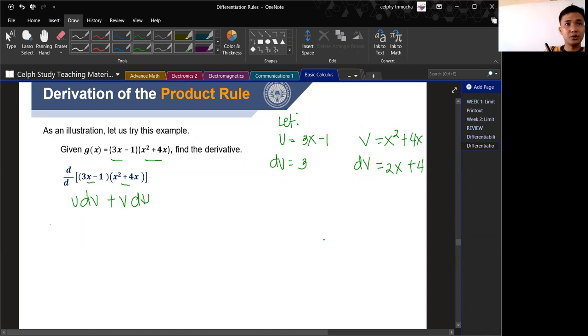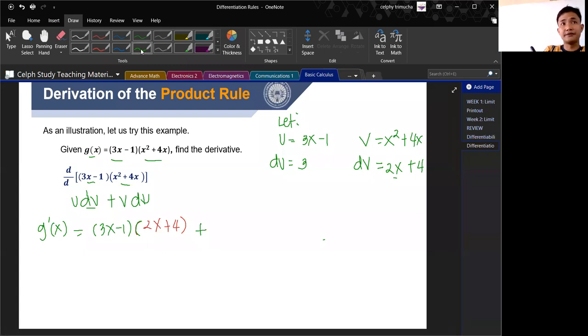So aton derivative will be g prime x, kay g of x ang given. So it will be equal to, kapit ang u, which is 3x minus 1, kapit ang dv, substitute ang dv, which is 2x plus 4, plus, kapit ang v, v natin is x squared plus 4x.